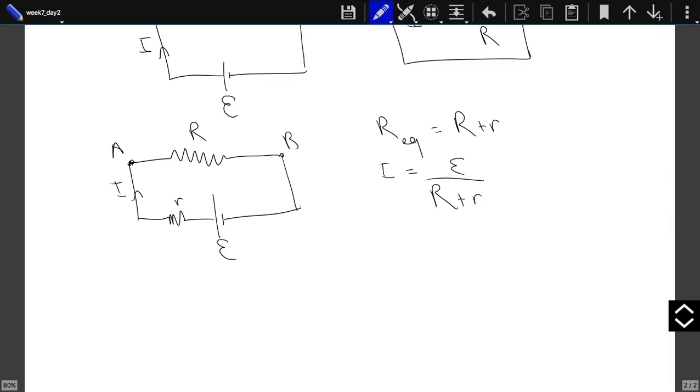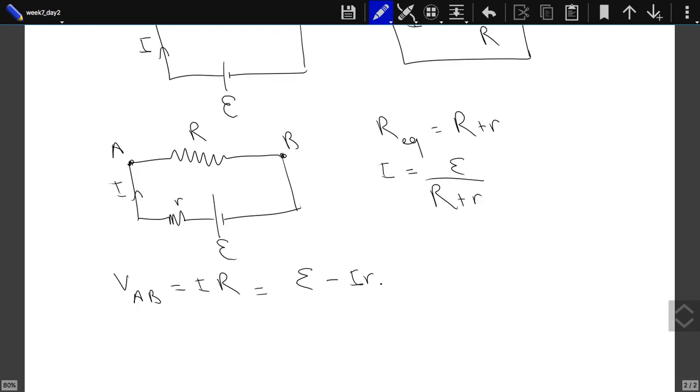Now, let's look at the potential. Another way of obtaining, in fact, the same result is to look at the potential difference between A and B, which is I times R. But it will also be epsilon minus I times r, because this point is at a larger potential than this point due to the battery, but then we have a potential drop across the internal resistor, which is I times small r.